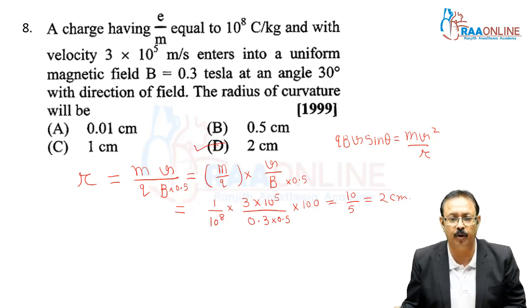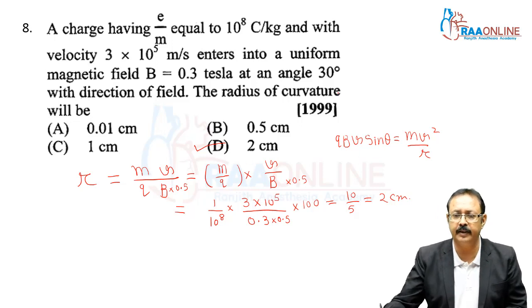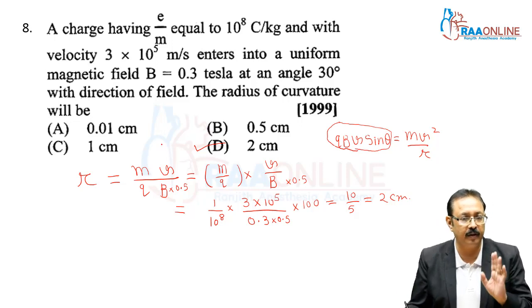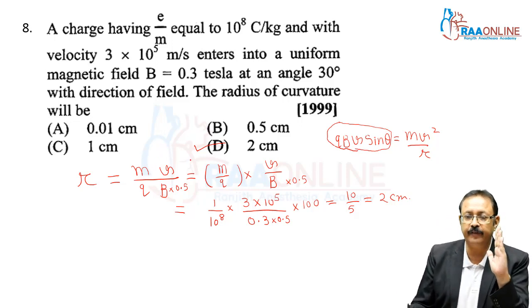So 8th, D option. So remember this. What force is acting on the charge? It will provide the centripetal force. So if theta is 90, then only learn mv upon qB.